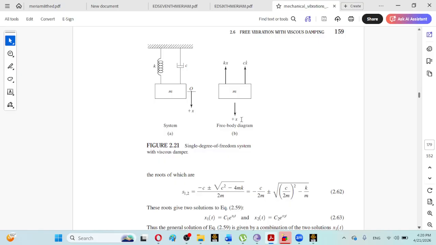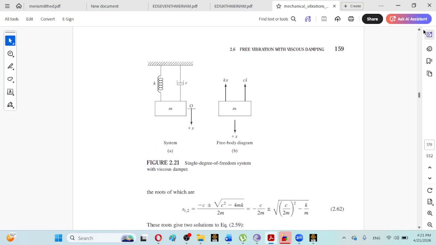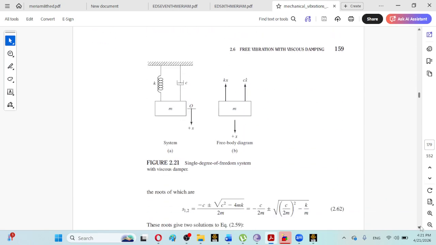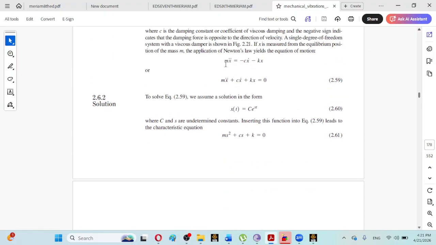As x is directed downward positive, if we apply Newton's second law, which simply states that the summation of F is equal to ma, all the external forces are negative because they are opposite to the assumed positive orientation of the displacement, which is directed downward, and the inertia force is directed downwards because the mass, as a result of these restoring forces, is moving downwards.